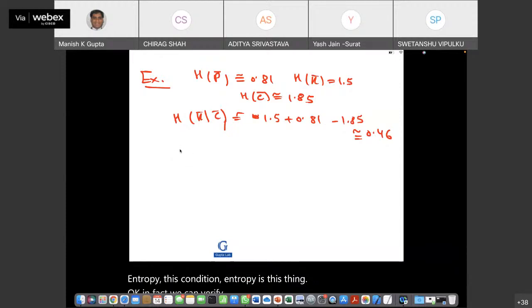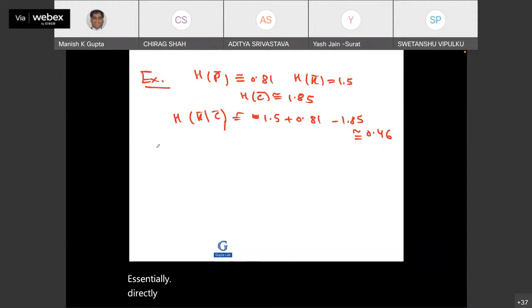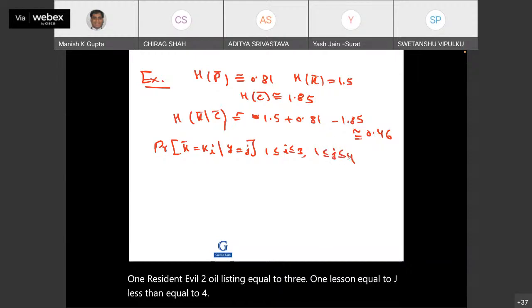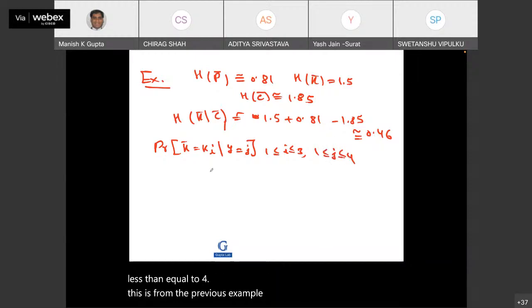So essentially, directly if we compute the probability of K equal to Ki, conditioned on Y equal to j, 1 less than or equal to i less than or equal to 3, 1 less than or equal to j less than or equal to 4. This is from the previous example.